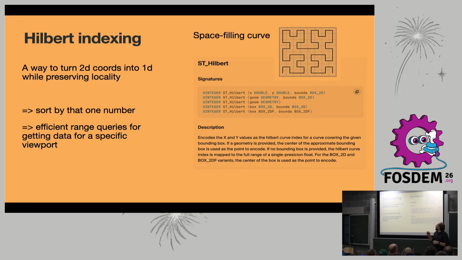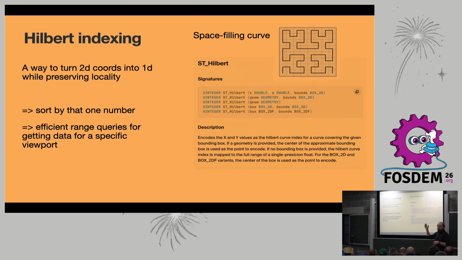And this will be the number you sort by, so that you then need to read fewer chunks from the table. DuckDB has a function, ST_Hilbert, in the DuckDB spatial extension. You need to load the spatial extension to calculate this index.